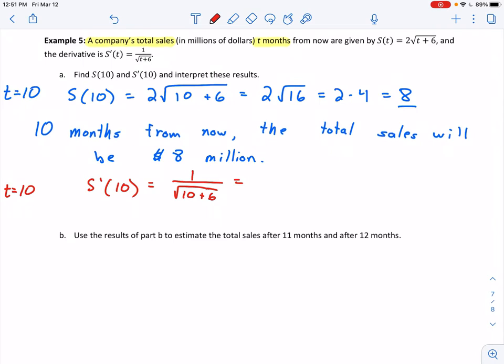So 1 over square root 16, that's 1 over 4, which we could leave as a fraction, or if we wanted to give that as a decimal, that would be 0.25.